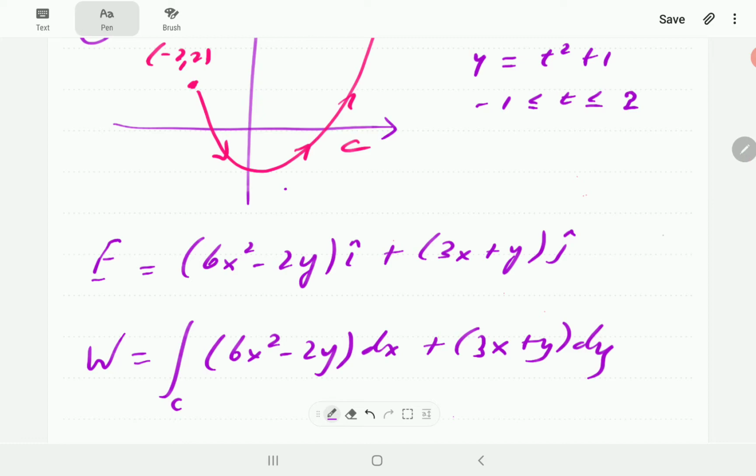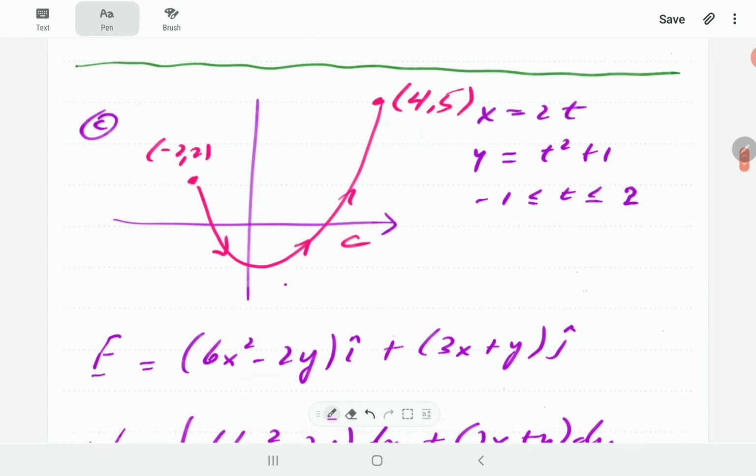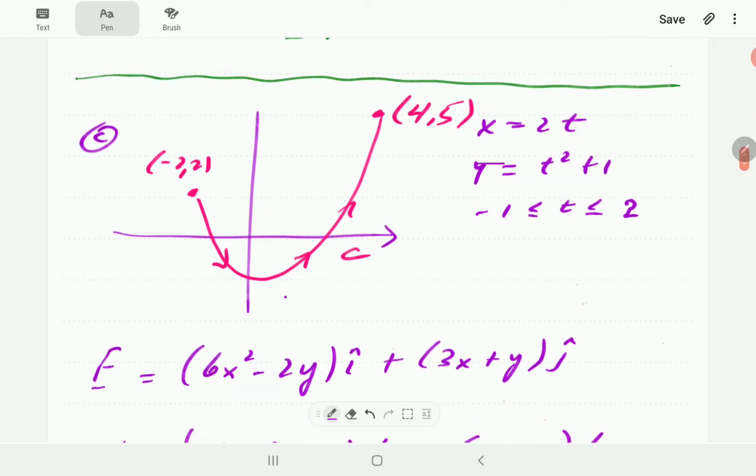In the cases of A and B, we expressed everything in terms of x, whereas in this case our equation is expressed in parametric form. The parameter is t. That means we've got x in terms of t and y in terms of t.